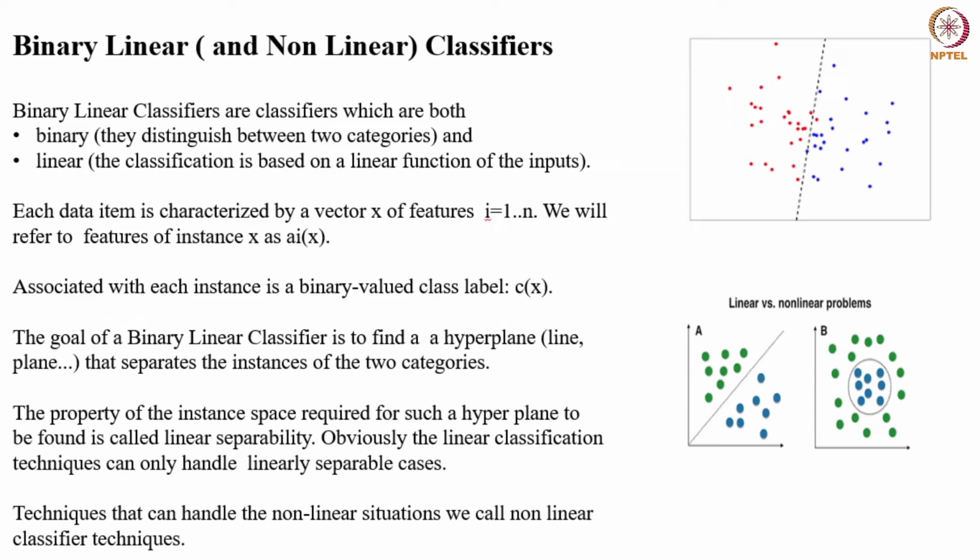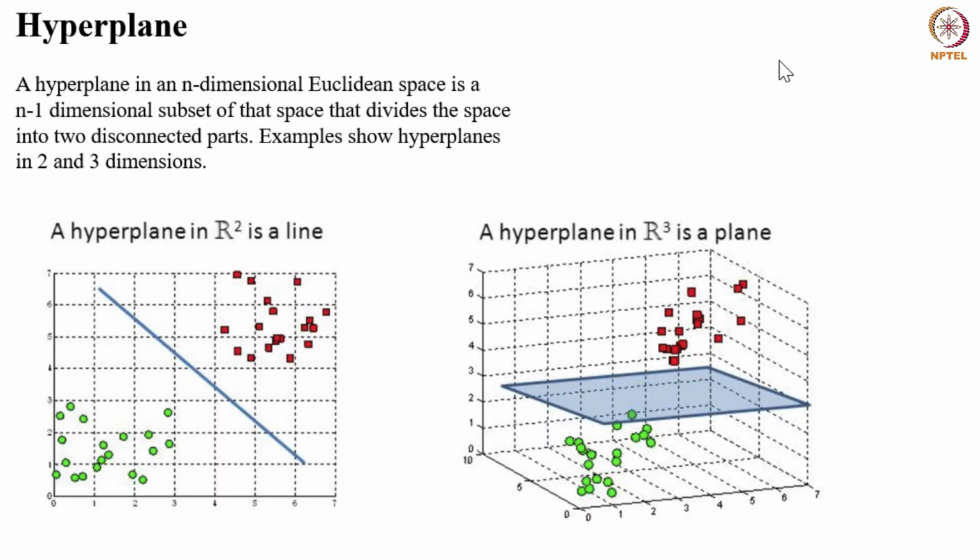Techniques that can handle the nonlinear we will call nonlinear classifier techniques. This slide simply shows two other examples of hyperplanes. What's important to understand is that for an n-dimensional Euclidean space, a hyperplane is an n-1 dimensional subset.